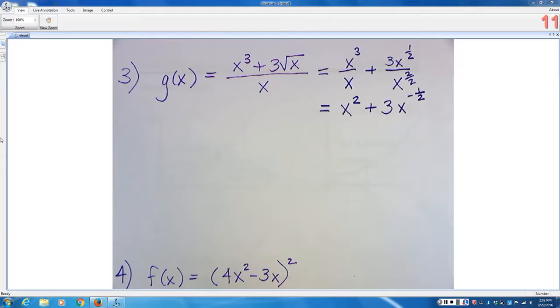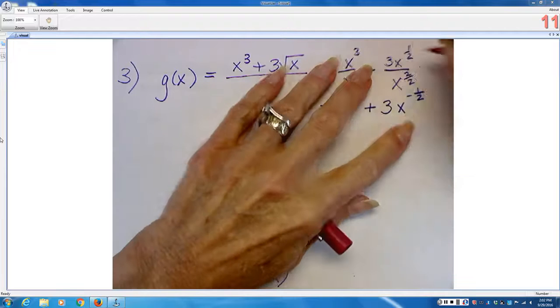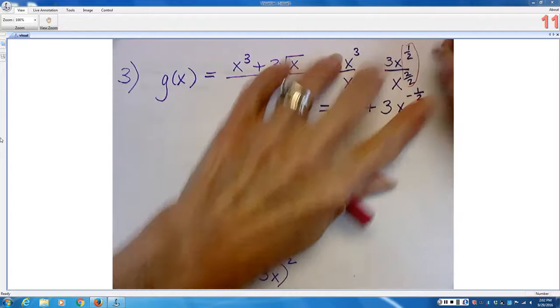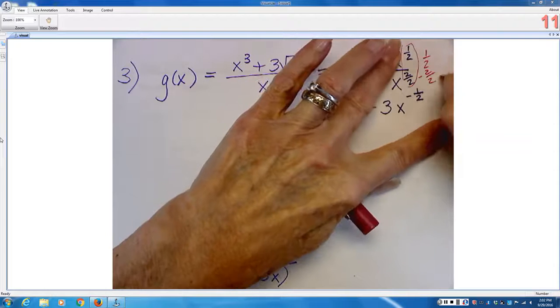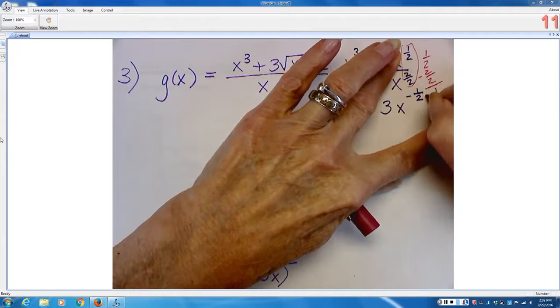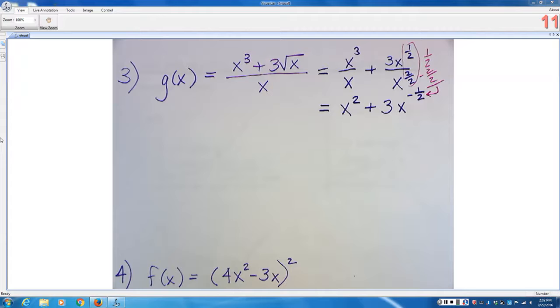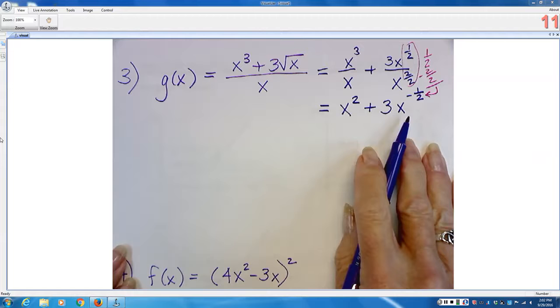You subtract your exponents. That's why that's negative 1/2. So now we've got something we can use the power rule on.